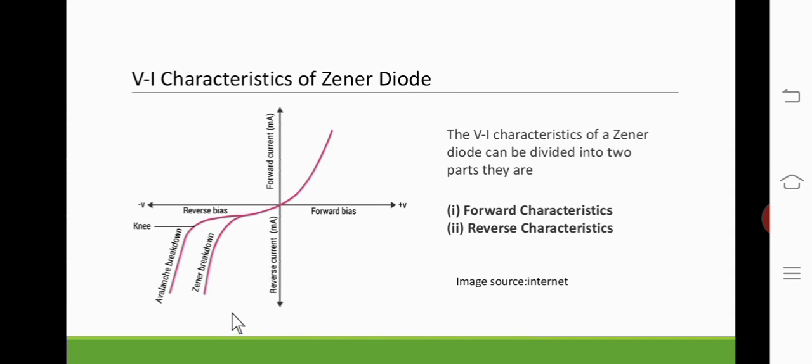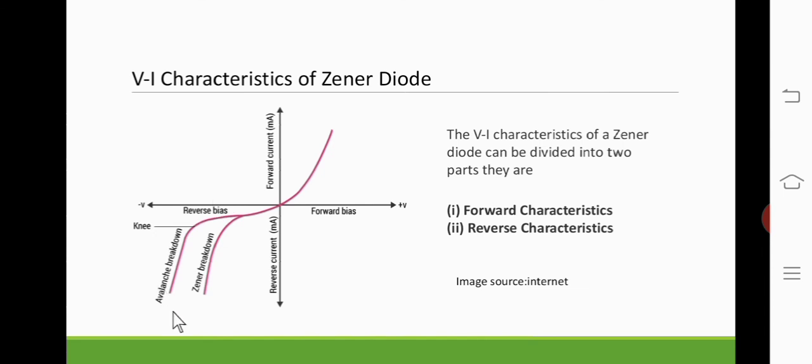If the junction is heavily doped, we get the zener breakdown. If the junction is lightly doped, we get the avalanche breakdown.